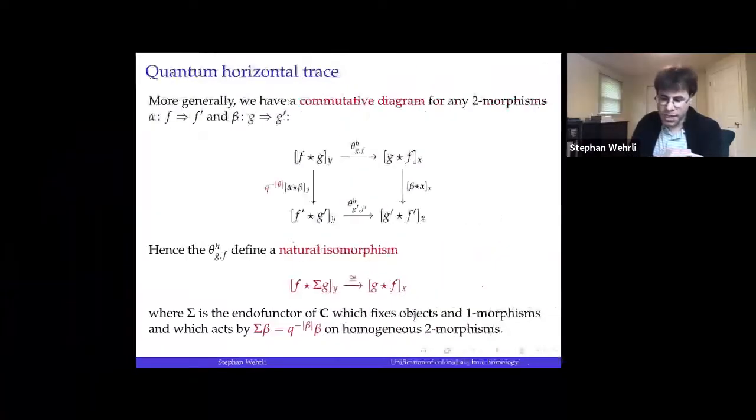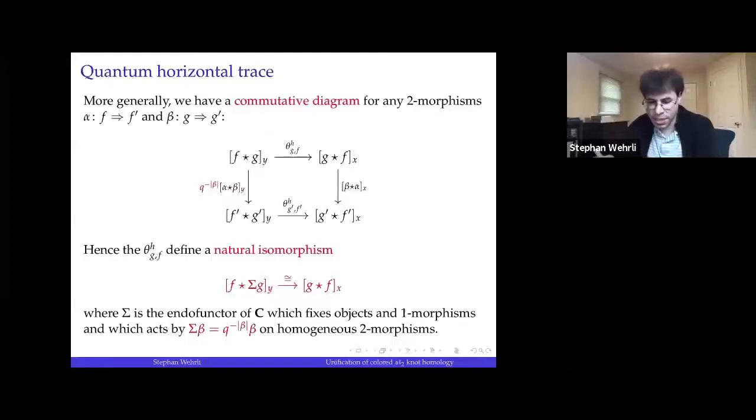And what this means is that you have this naturality statement. So if you look at the horizontal composition of two morphisms, and you conjugate with the cyclicity isomorphisms, then this flips the two factors, and it also rescales by a power of Q.